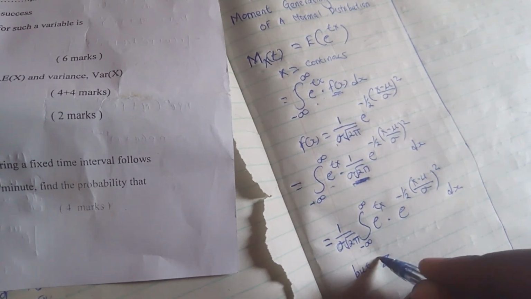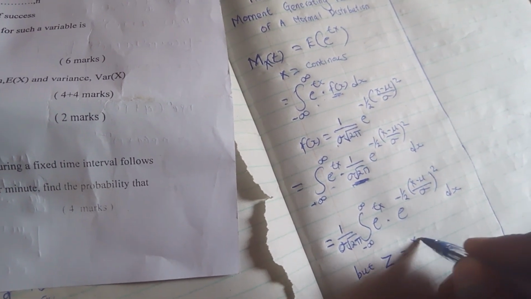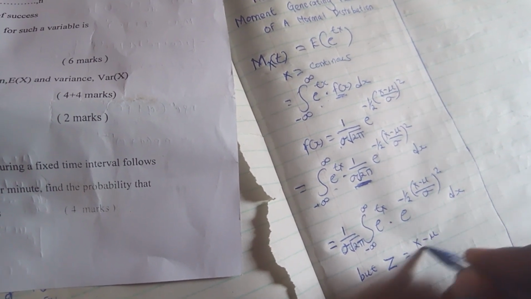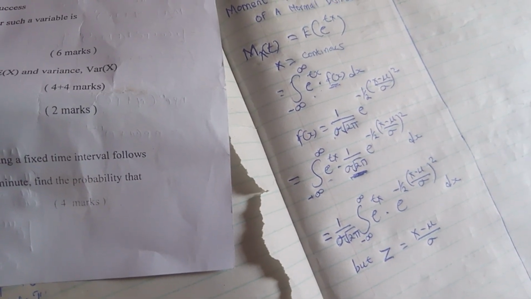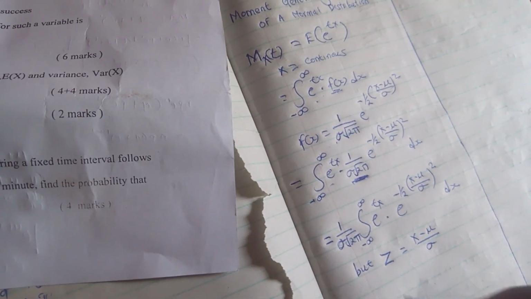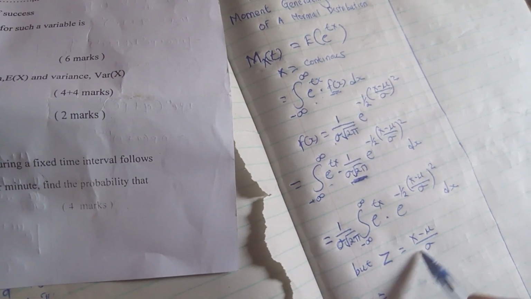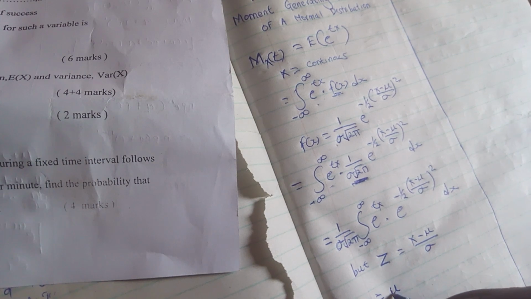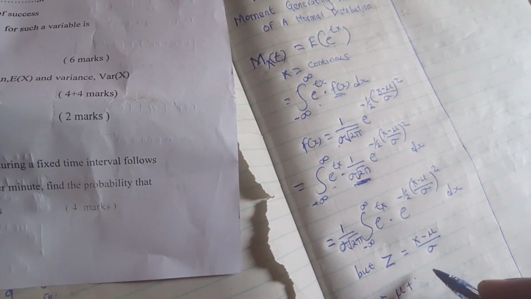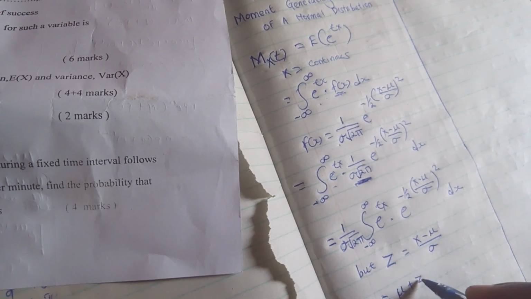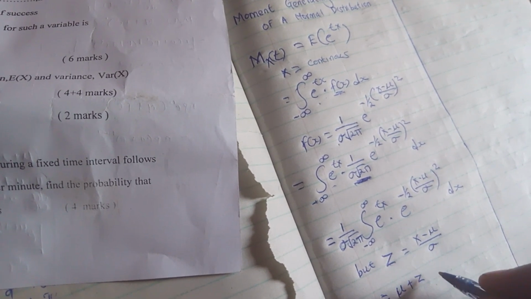Then we say, but z, a variable z, is given by x minus mu over sigma. Then it means our x is going to be mu plus sigma z. Are we there?